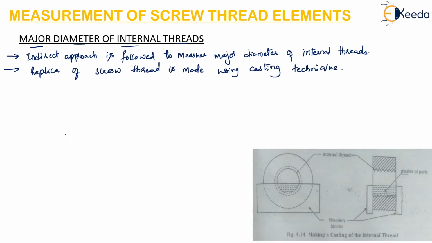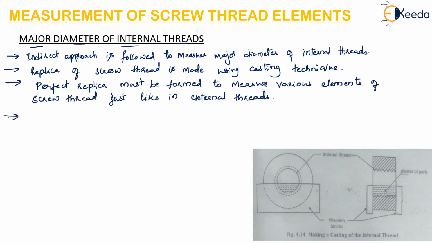This replica must be a perfect replica, and once this perfect replica is obtained, the various elements of the thread can be measured just like how we measure the external thread. Materials like plaster of Paris, dental wax or sulfur can be used to obtain the replicas or the cast samples.